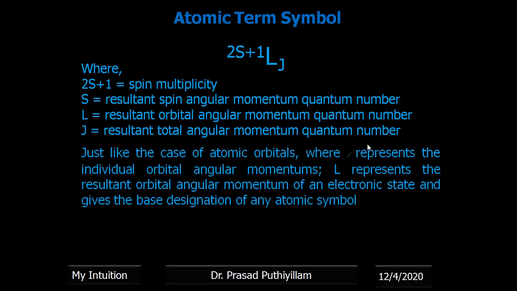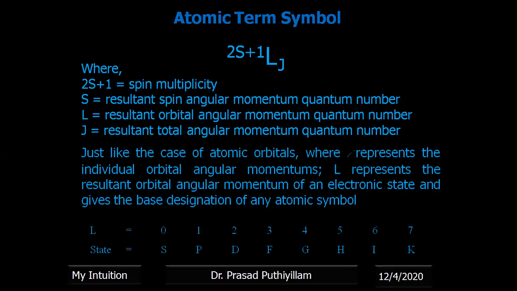Just like in the case of atomic orbitals, where the small letter l represents the individual orbital angular momentum, the capital L represents the resultant or total contribution of all those l values. So L represents the resultant orbital angular momentum of an electronic state and gives the base designation of any atomic symbol.